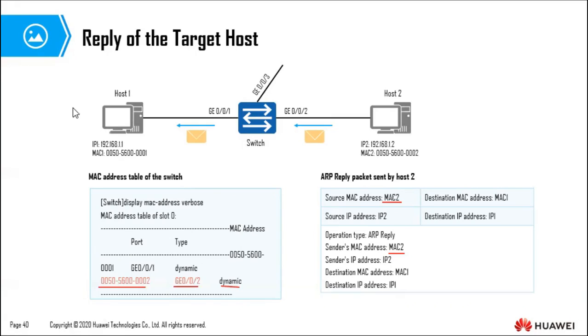After that, the switch looks at the destination MAC address, then searches through its own table and finds that this host is here. If I want to reach this host, I send it out through this port. Therefore, this message is going to be sent out through port G001, and thereby get to host 1. So that is the data communication process at the data link layer.